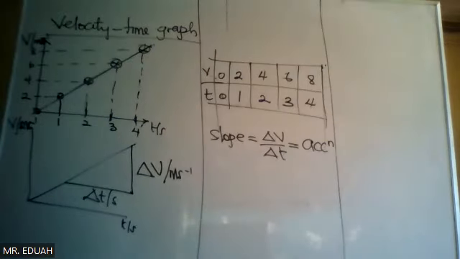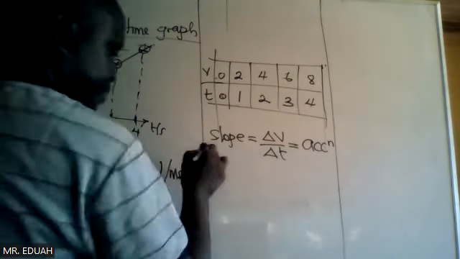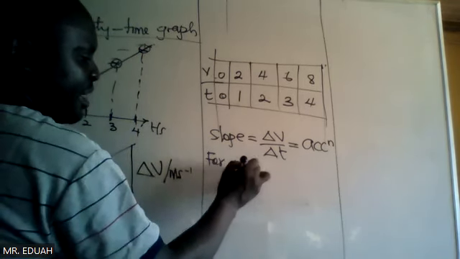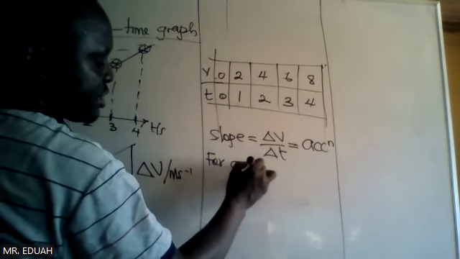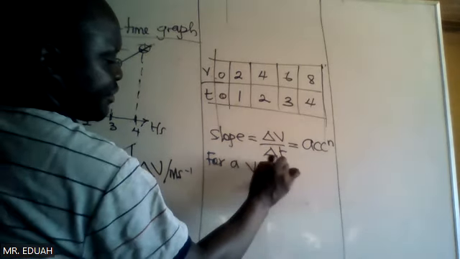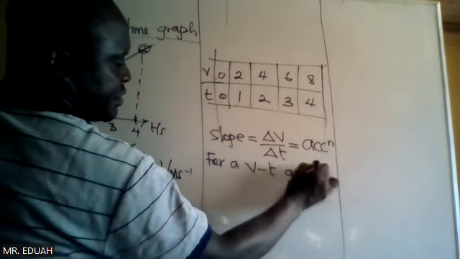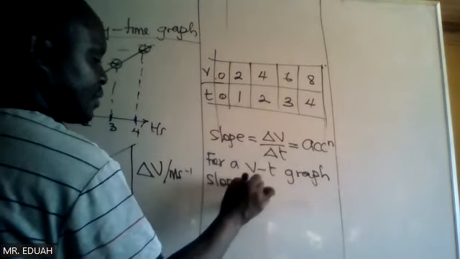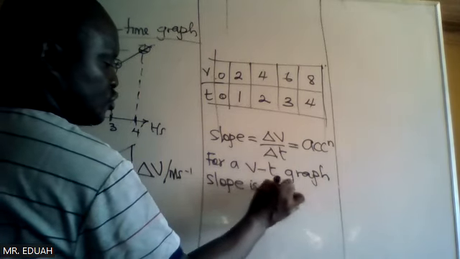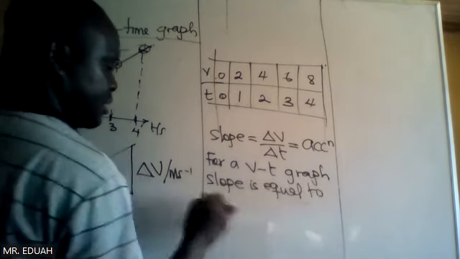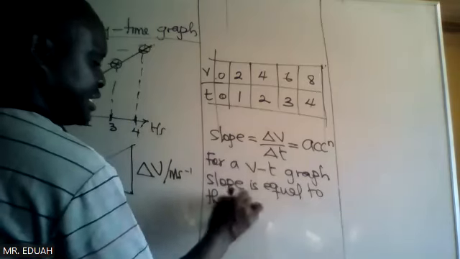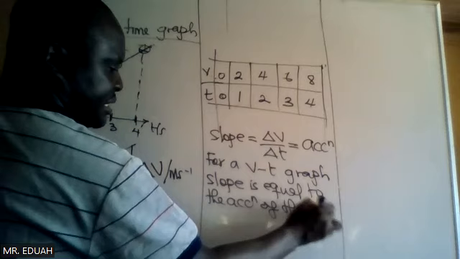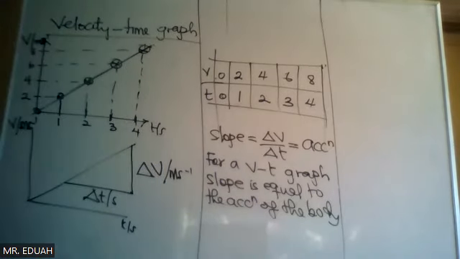So one key deduction is that for a velocity time graph, the slope is equal to the acceleration of the body.